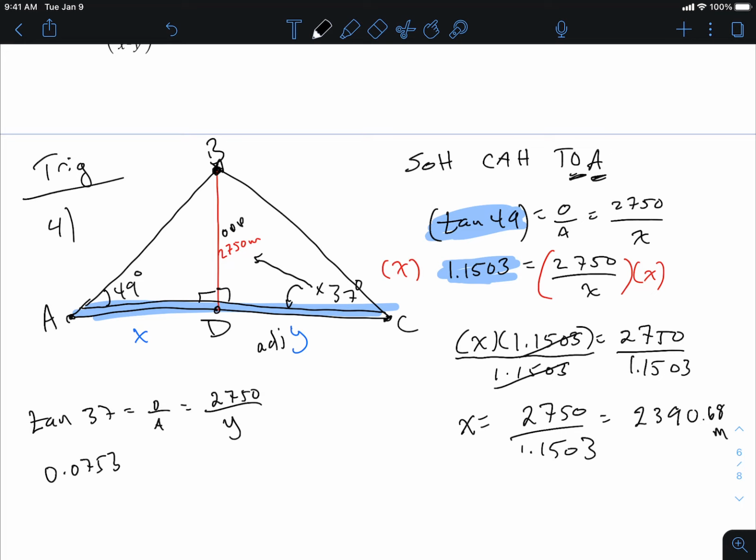Before we get too far into this, 0.7535. That's good. That's equal to 2,750 over y.